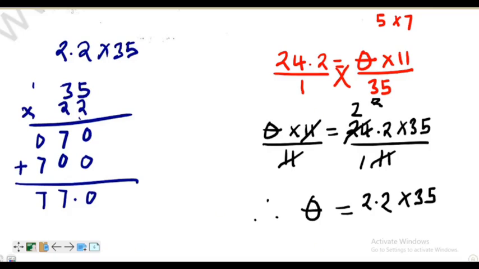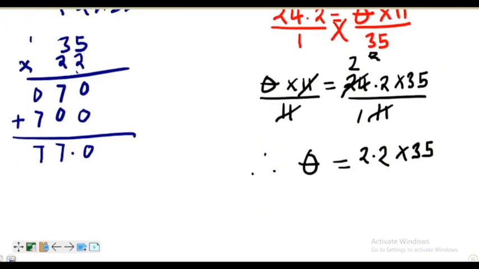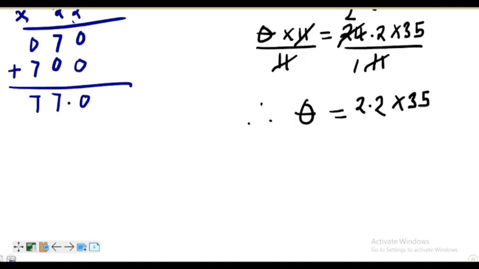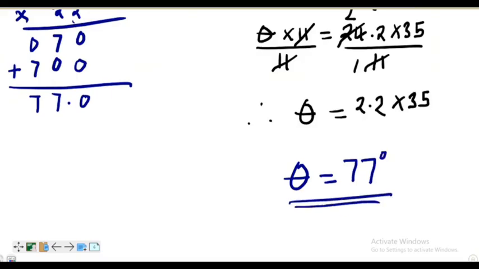Meaning that our answer is just 77. So we now make a conclusion here. We say, therefore, theta is equal to 77 degrees. Okay, so this is our answer right here.